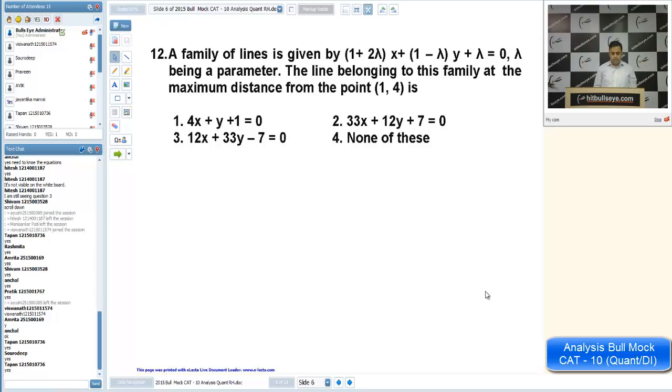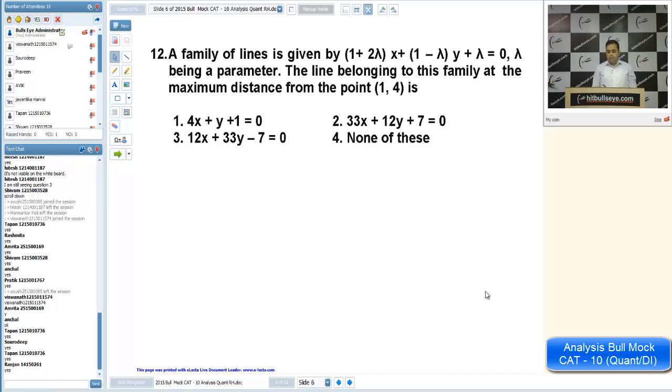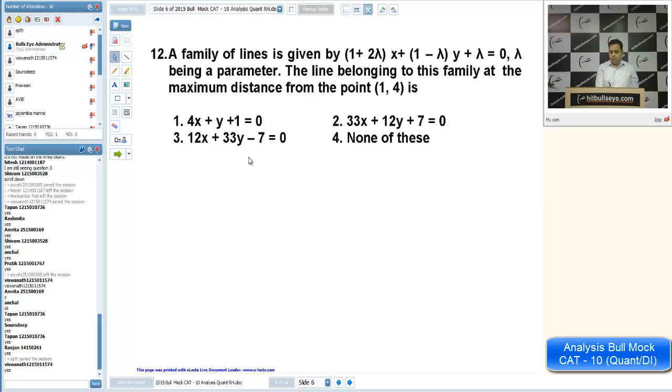Okay, Tapan, yes. So we are given a family of lines (1 plus 2 lambda)x plus (1 minus lambda)y plus lambda equal to 0.